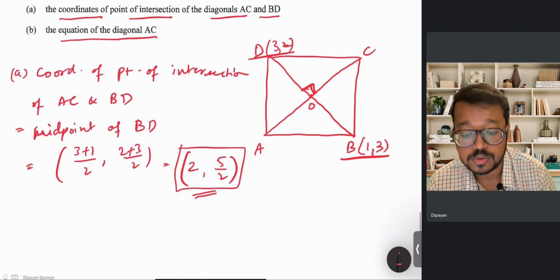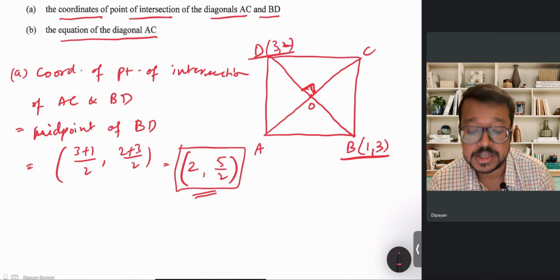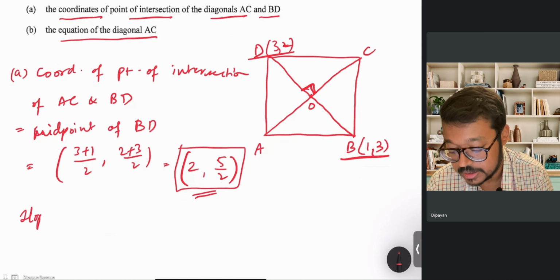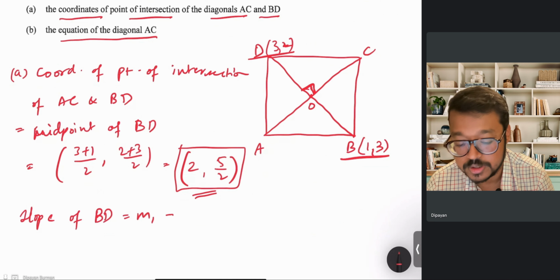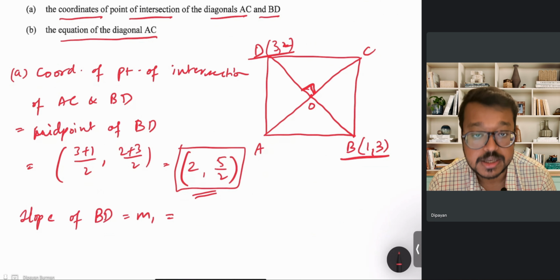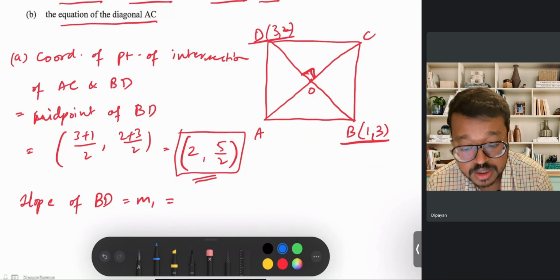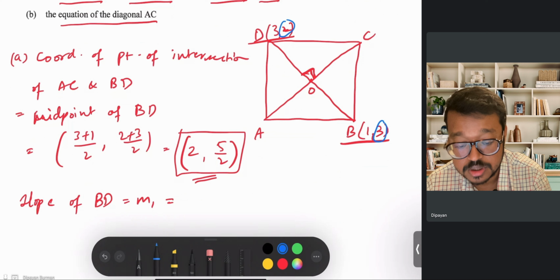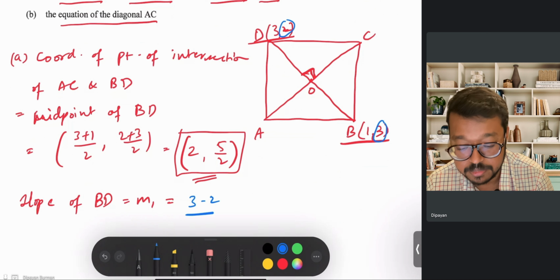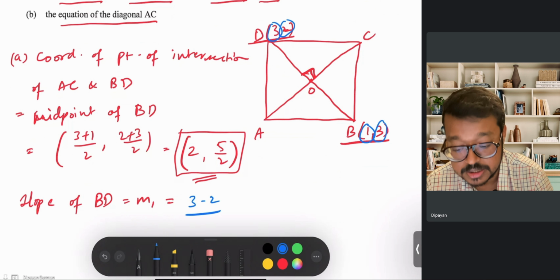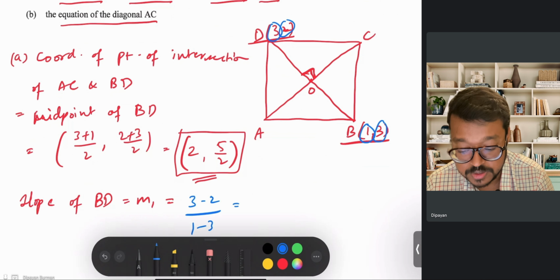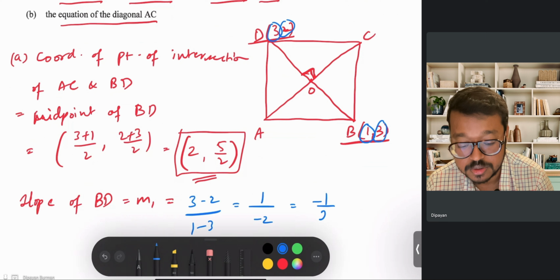The coordinates of B and D are already known. So the slope of BD, if I call it M1, will be the difference of y coordinates by the difference of x coordinates. So y coordinates are 3 and 2. So 3 minus 2 by 1 minus 3. So we have 1 by minus 2, which is same as minus 1 by 2.